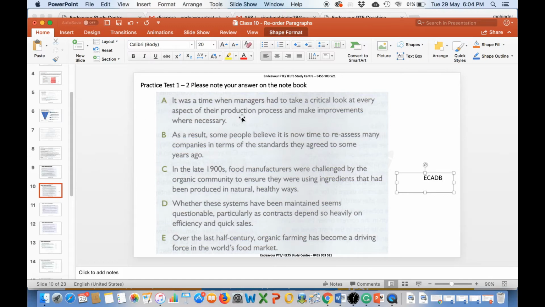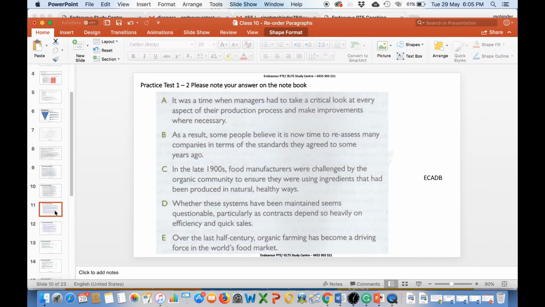It was a time when managers had to take a critical look at every aspect of their production process and make improvements where necessary. Whether these systems have been maintained seems to be questionable, particularly as contracts depend so heavily on efficiency and quick sales. So as a result, some people believe it is now time to reassess many companies in terms of standards they agreed to some years ago. So that is the right order.